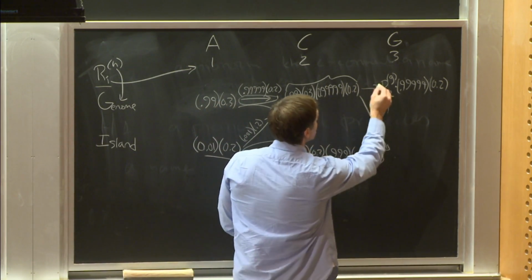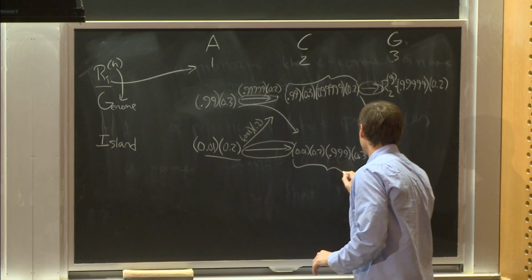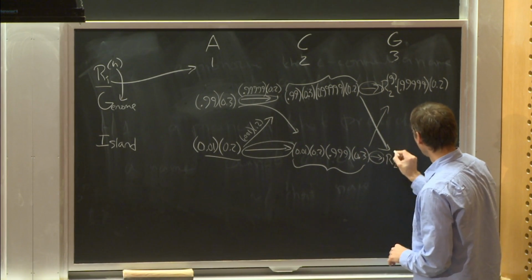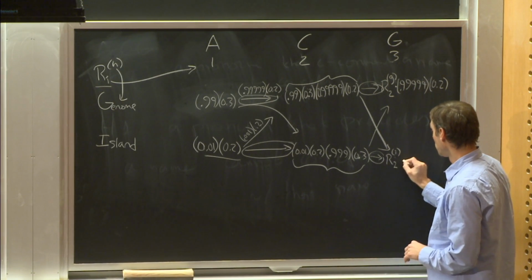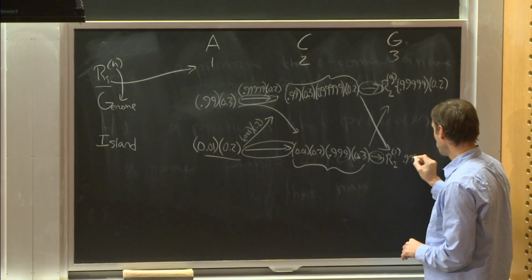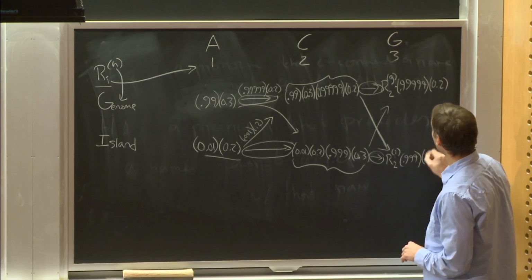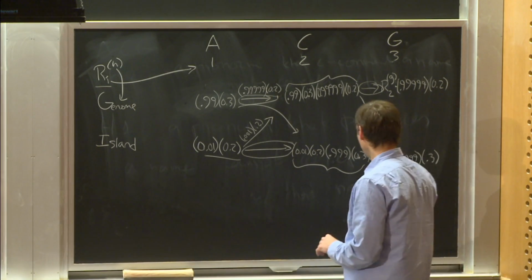So this term here is R2 of island times the transition probability island to island, which is 0.999, times the emission probability, which is 0.3, of a G in the island state. Everyone clear on that?